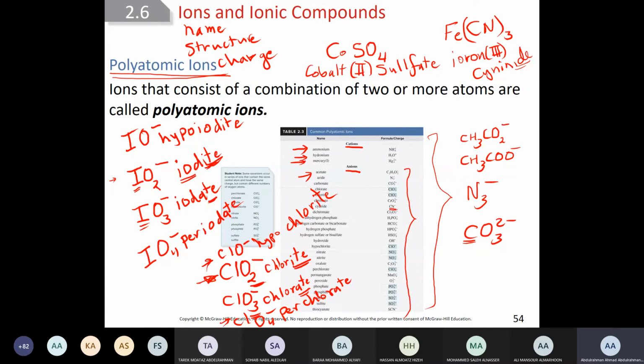More of these. How about this compound? What's the name?